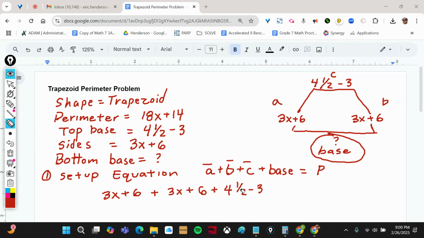And as a matter of fact, let's just make this 4.5 minus 3. 4½ minus 3, same thing as 4.5 minus 3. And you know what? Parens.